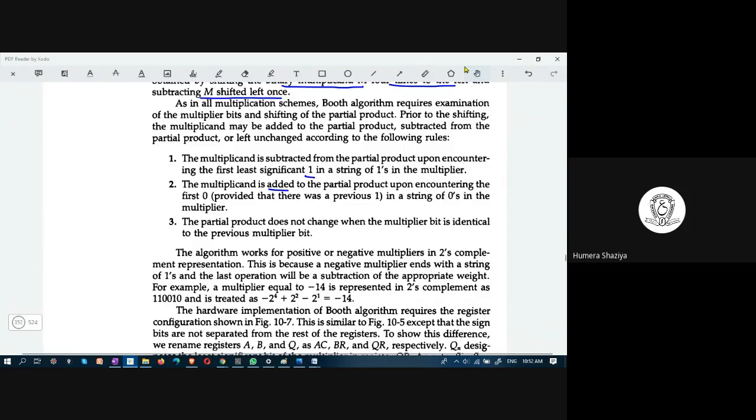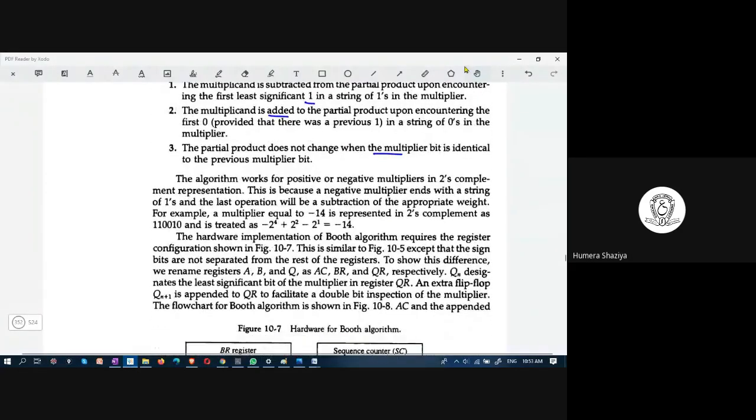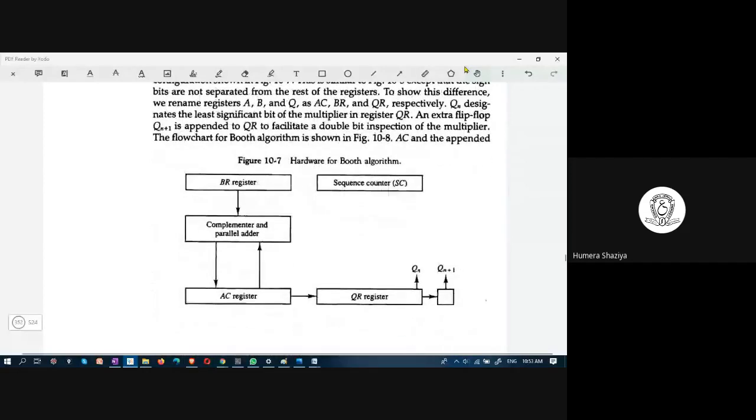The partial product does not change when the multiplier bits are identical. Means previous and next, if both are identical, nothing is done. If previous is 1 and present is 0, it should be added. And first time when it encounters 1, it should be subtracted. Let us look at this with an example.